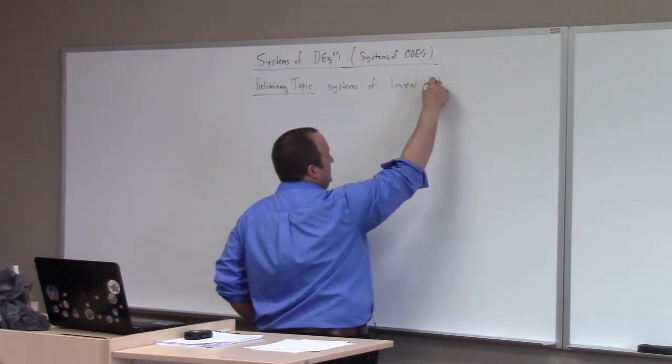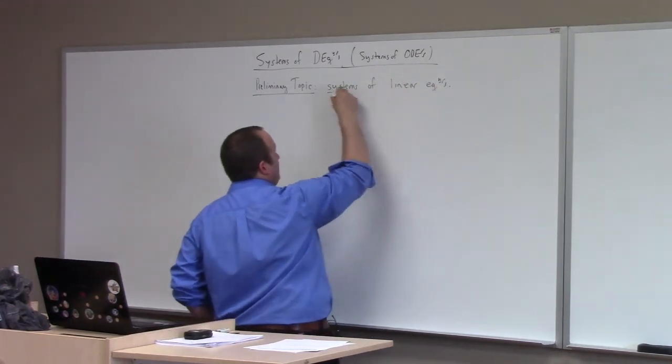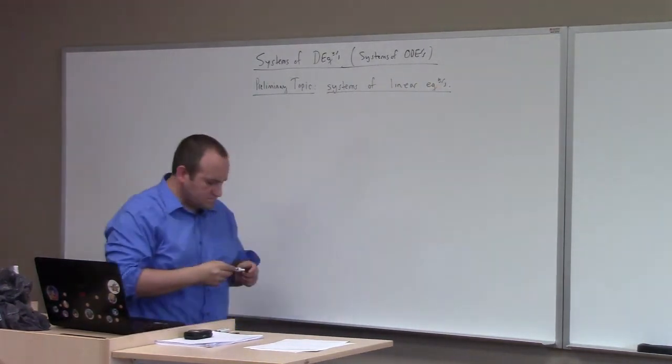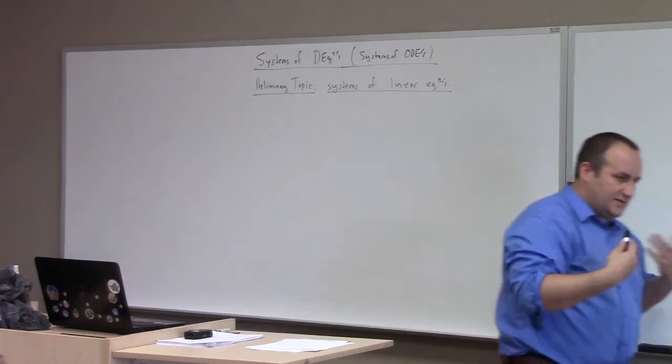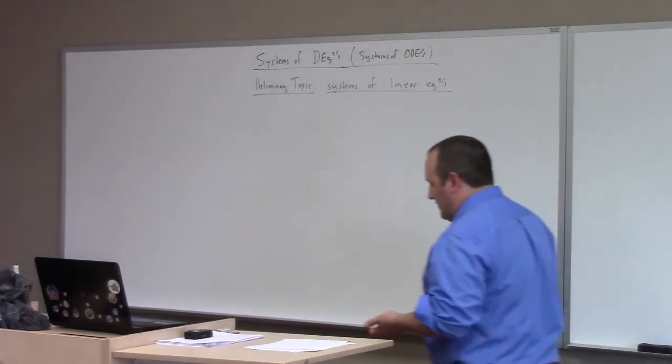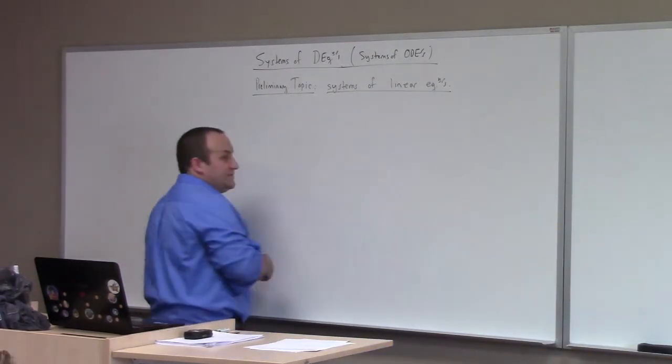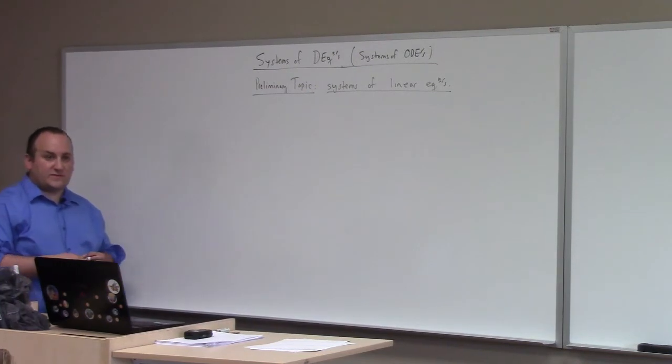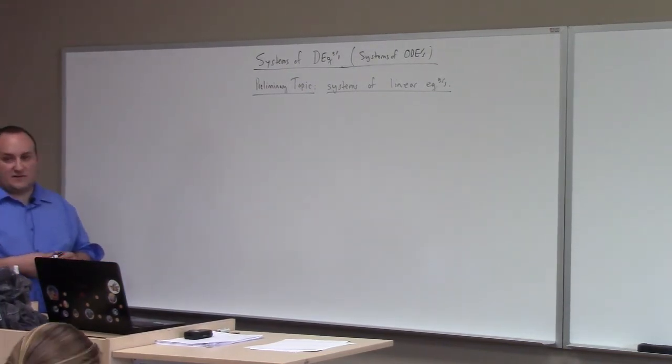The best way to solve and understand them is with matrices. If we develop this idea of a matrix, a box of numbers that encodes a linear system, it allows us to solve linear systems in a nice way. And those same matrices are useful for us as we solve systems of differential equations.